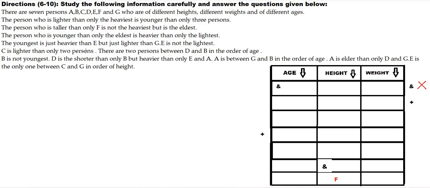The youngest is just heavier than E, but just lighter than G. This point is a very indirect point. We can't take it inside the table. So let us take it outside in the working notes.